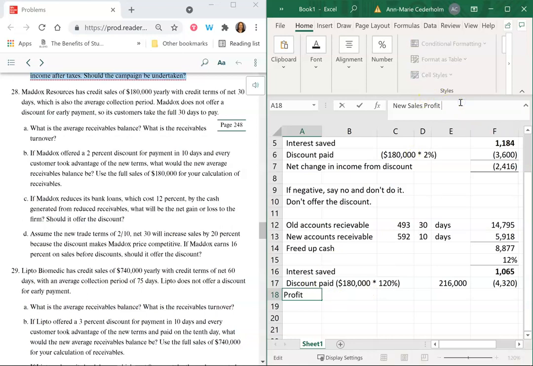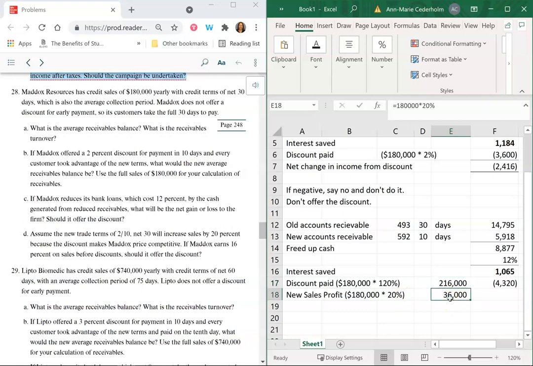Let's look at the 180,000 times 20%. This is the extra sales that we're going to get. 180,000 times 20% will give me an extra 36,000 in sales. And we know that's true because if you take the 180, which is your old sales, plus these extra sales, you'll end up with the total new sales of 216.